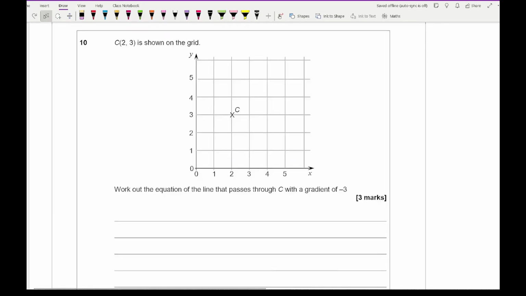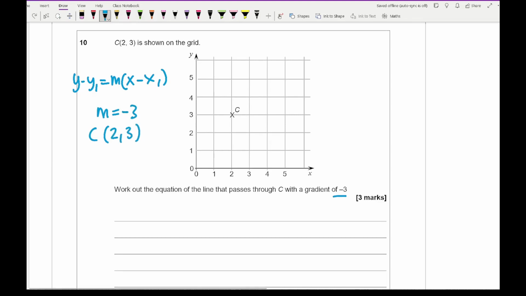So then moving on to question 10, it says C is at 2, 3, shown on the grid, and the question is asking to work out an equation of the line that passes through C with a gradient of minus 3. So with this, I'm going to use the formula y minus y1 equals m(x minus x1). And the reason I'm using that is because I know that m is minus 3 because it tells me in the question, and I know that C is at 2, 3.